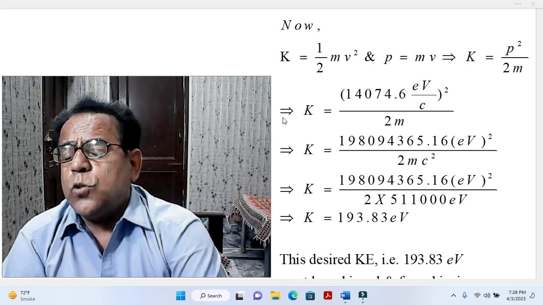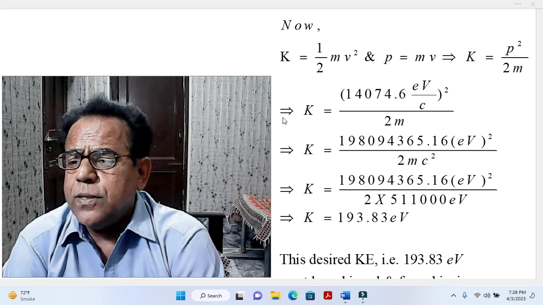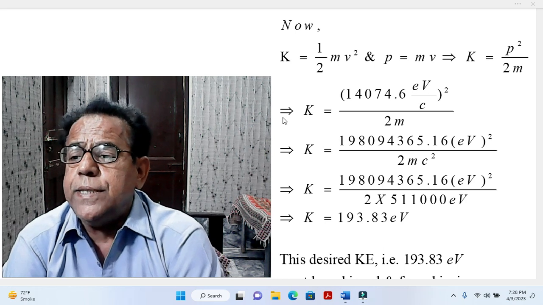Okay, so K has become equal to this divided by 2mc square.